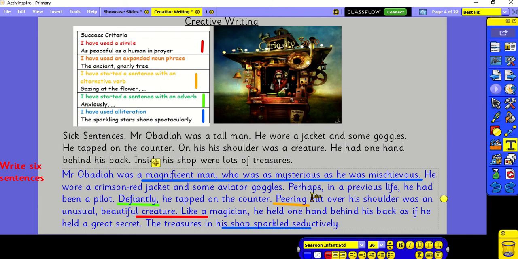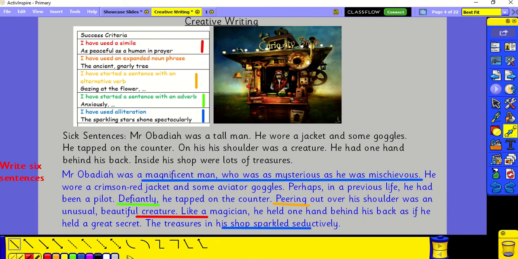Was an unusual, beautiful creature. So, orange. Here, and then I can put one there. Okay, so I have now used all of the success criteria. I have written 6 sentences and my sentences are interesting and exciting.